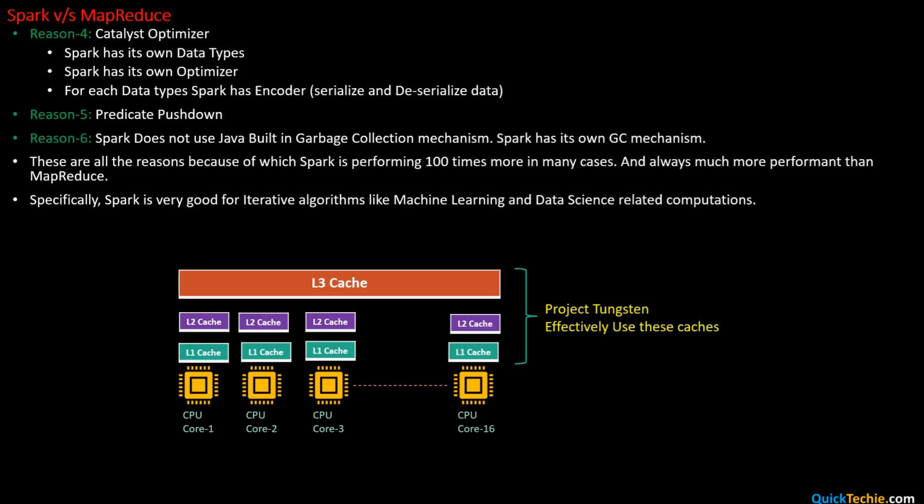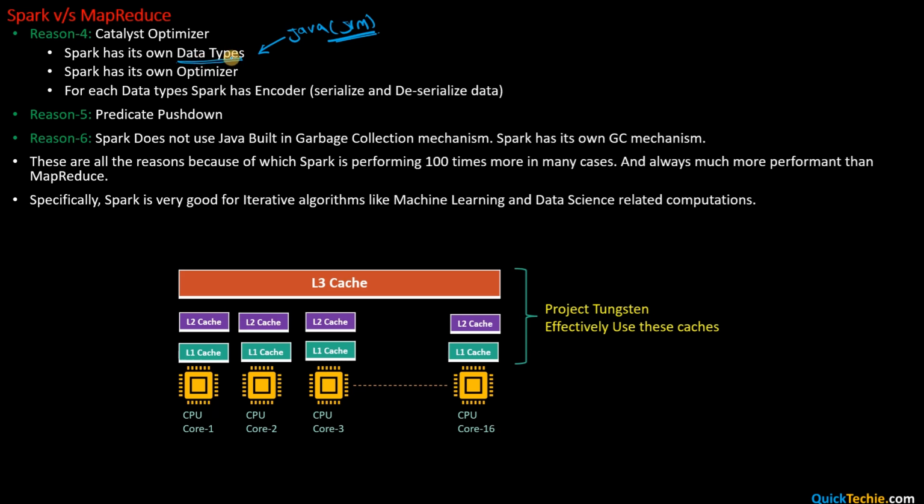Okay. Now, the reason for the Catalyst Optimizer. This is another great improvement done by the Spark committers. Spark has its own data types, correct? Even though Spark internally uses Java and basically runs on the JVM, it has created its own data types.